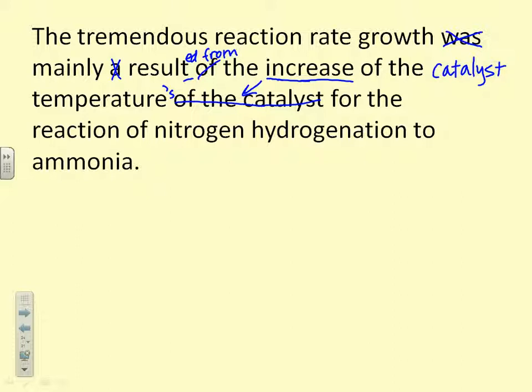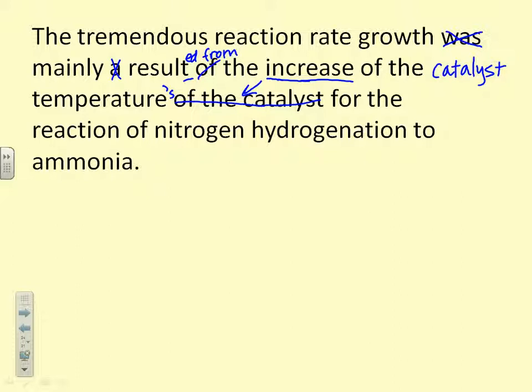So, the tremendous reaction rate growth mainly resulted from the increase of the, resulted from the catalyst temperature's increase. So pretty confident about that. It's the rest of it that becomes a problem. Okay?